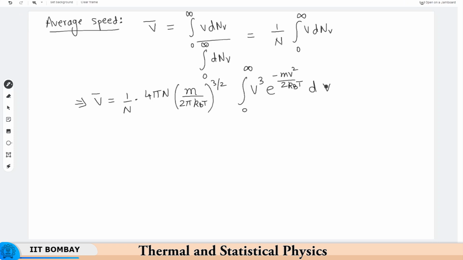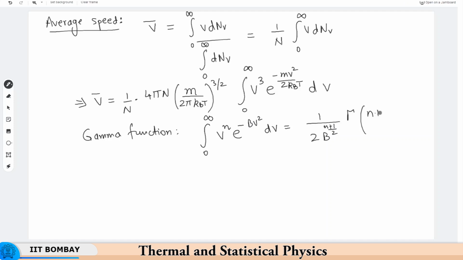If you remember from the last class, we used this standard form of the gamma function, which I can write again. Any integral which looks like this, 0 to infinity of v raised to the power n times e raised to the power minus b v squared dv, takes the form 1 divided by 2 b raised to the power (n plus 1) by 2, times gamma of (n plus 1) by 2.